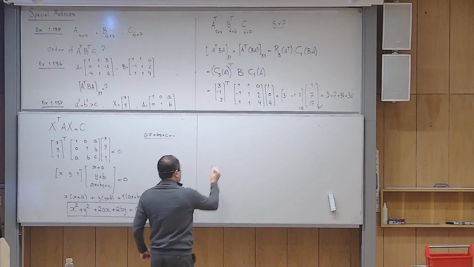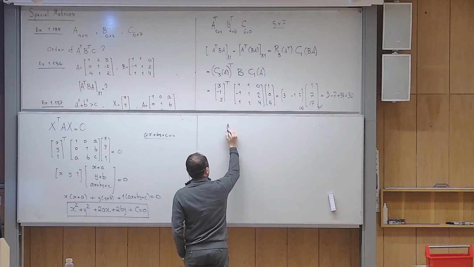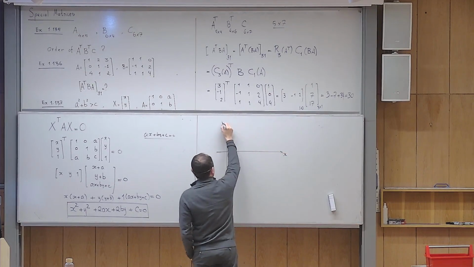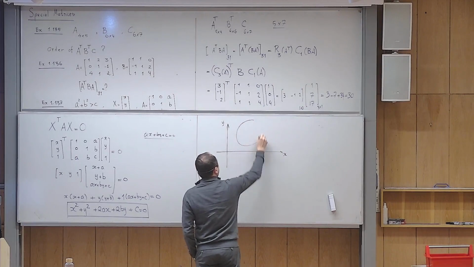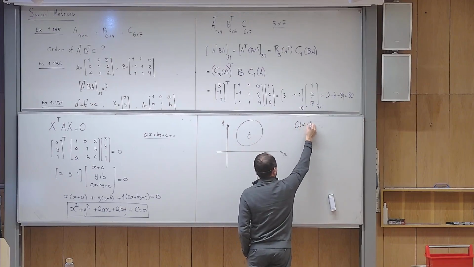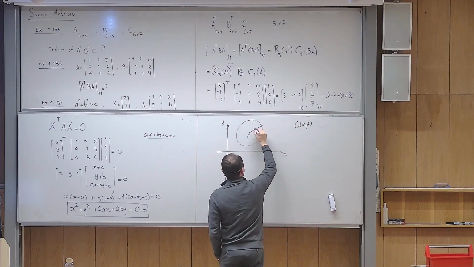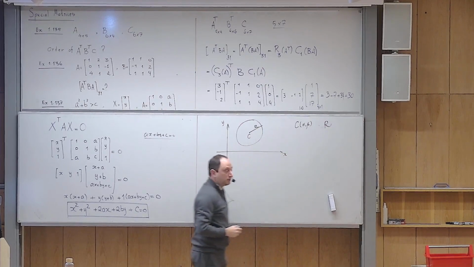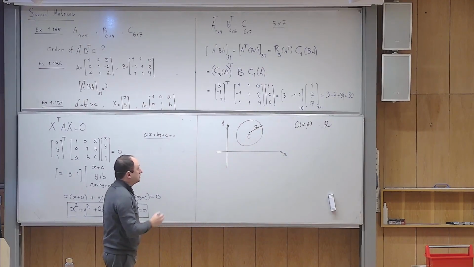So if you have a circle, so this is x and y, assume that you have a circle whose center C has coordinates alpha and beta, and assume that your radius is r. Okay, if I ask you to write an equation for this circle, how do you do that?